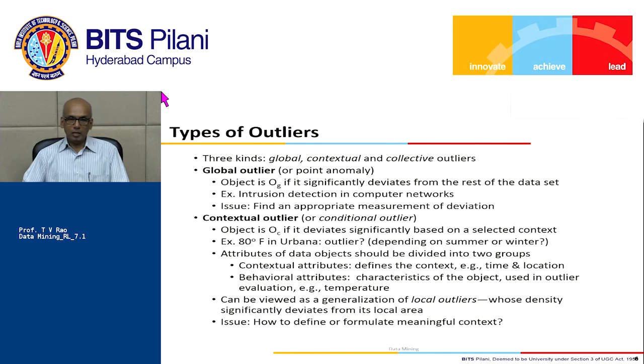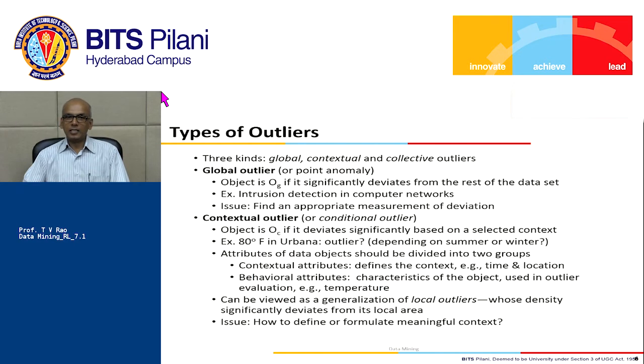The other possibility is the contextual or conditional outlier. For example, we noticed that in some city in India, let's say in central India, there was a temperature reading of minus 10 degrees. It is not unusual in the world for some locations to have a temperature of minus 10 degrees, and there are many parts of the world where that temperature is possible.